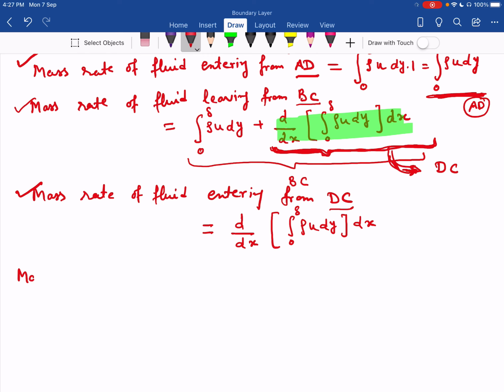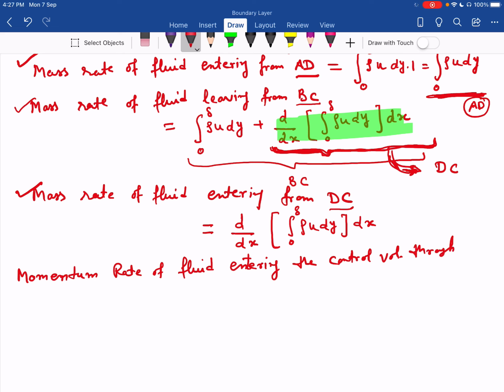So you can write the momentum rate of fluid entering the control volume through AD.